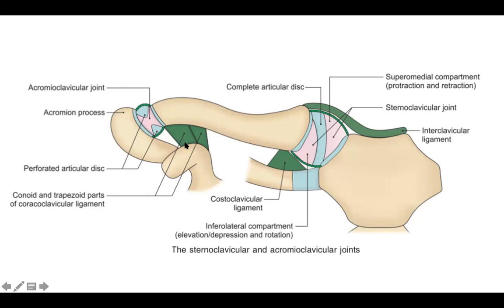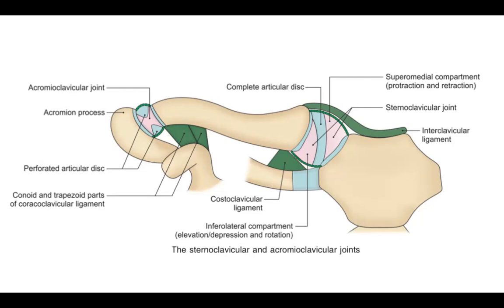The lateral part is, as you see, rectangular, so it's called the trapezoid part. The medial is the conoid, the lateral is the trapezoid. They are both parts of the coracoclavicular ligament. They are also strong ligaments, considered as ligaments of the acromioclavicular joint.